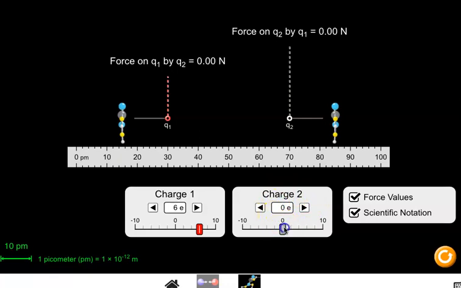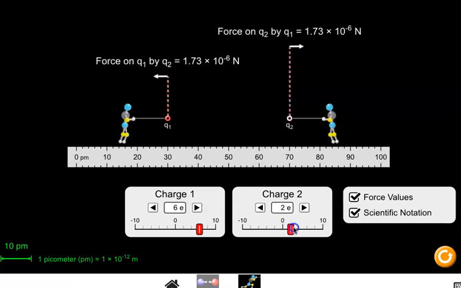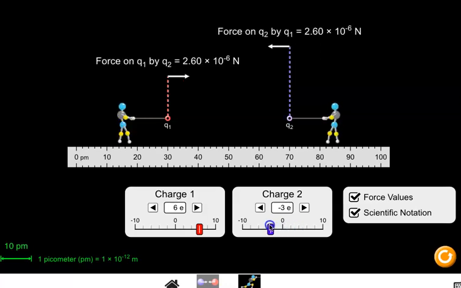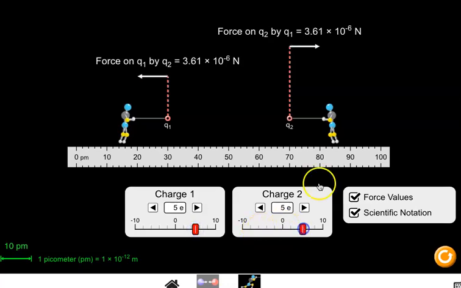But as soon as I move one of those charges up to a positive or a negative, you can see how they start attracting or repelling. So let's do positive 5 so we can actually see the direction of the forces.